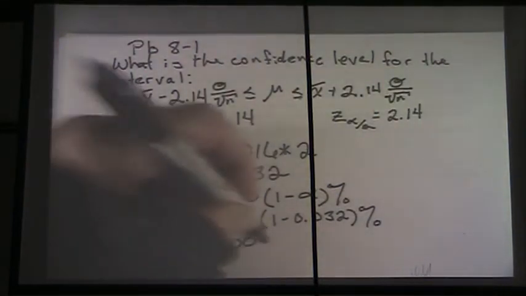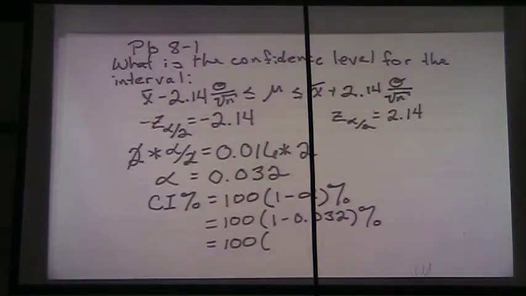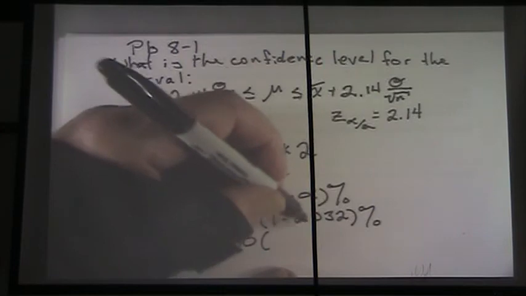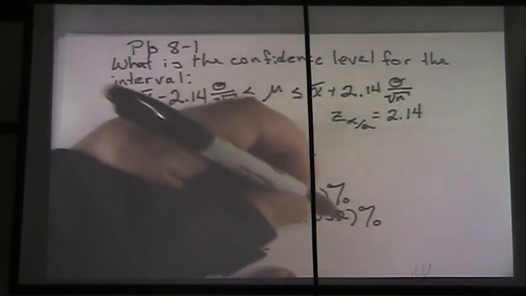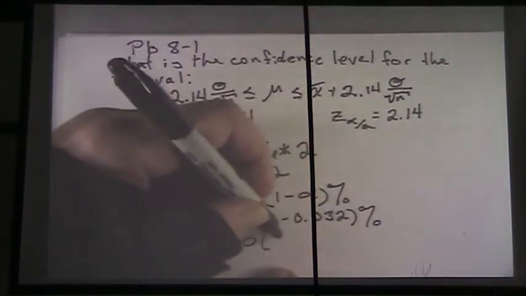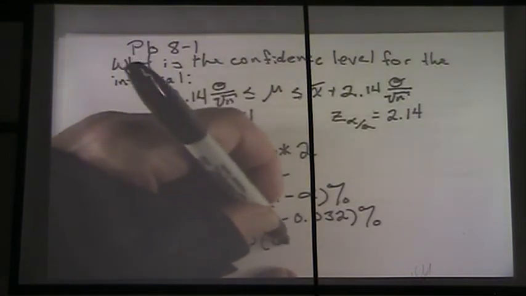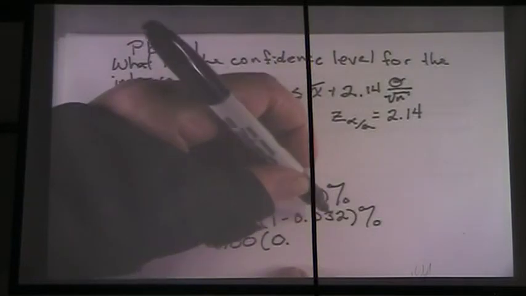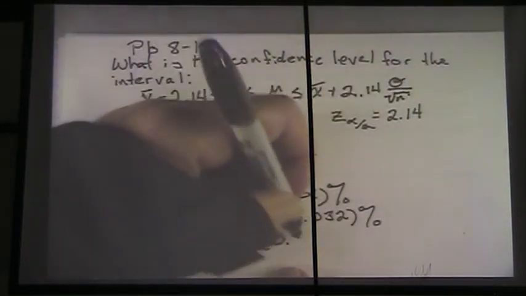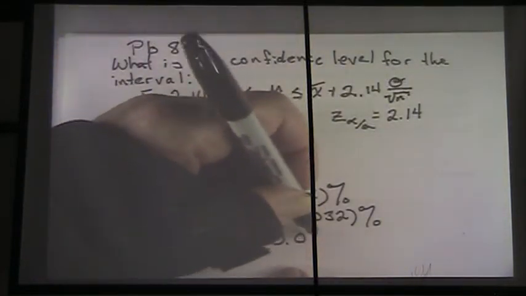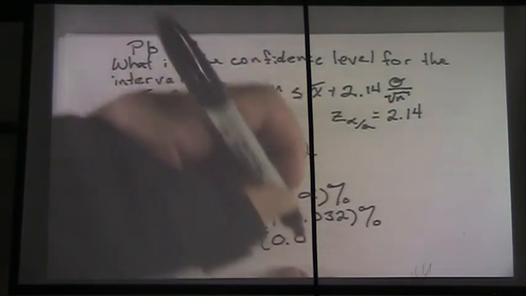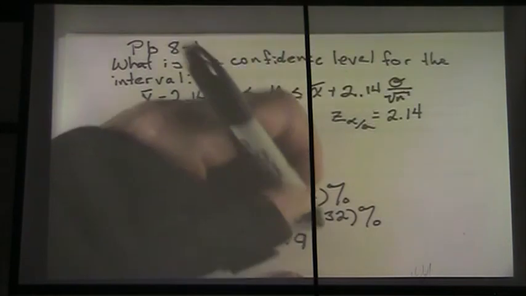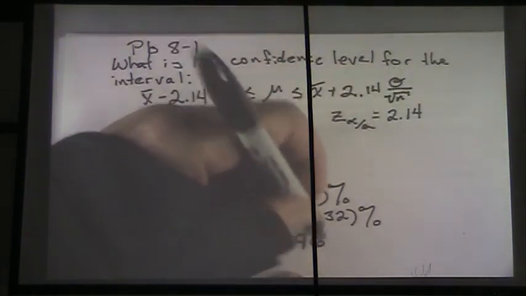That's going to come down to 100 times, 1 minus 0.032 is going to be 0.968.